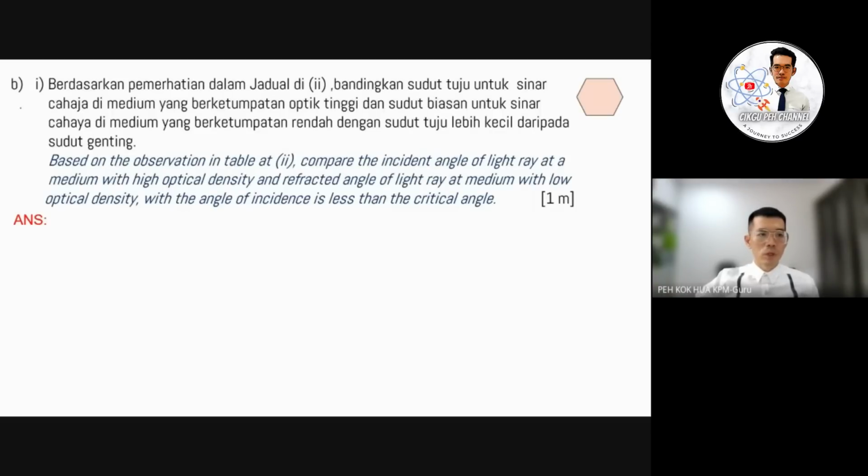Next, question B1. Based on the observation table at 2, compare the incident angle of the light ray at a medium with higher optical density, so that means here will be the glass block, and the refracted angle of the light at a medium with low optical density, so here will be air, with the angle of incident less than the critical angle.